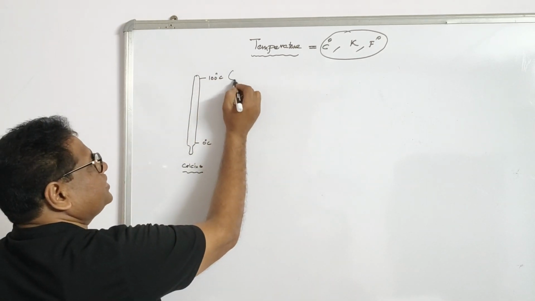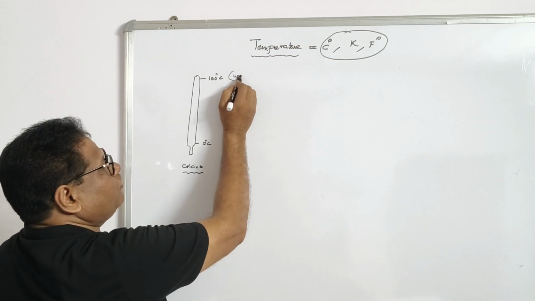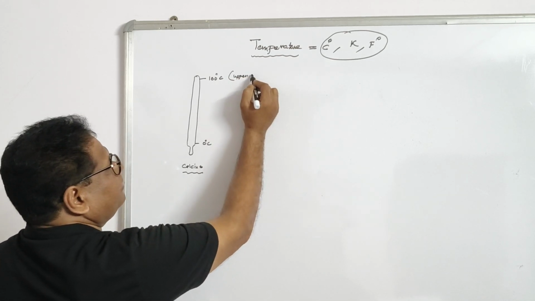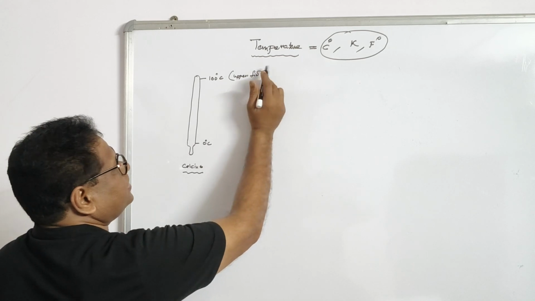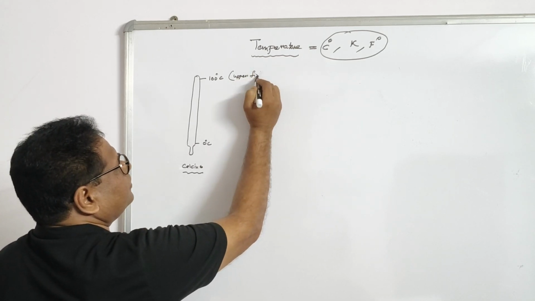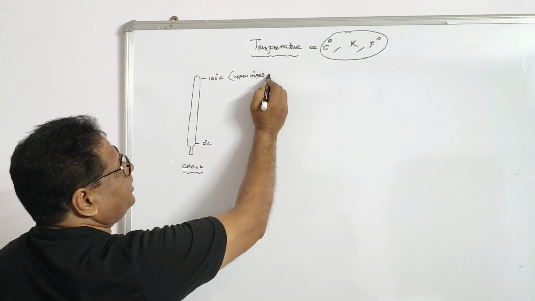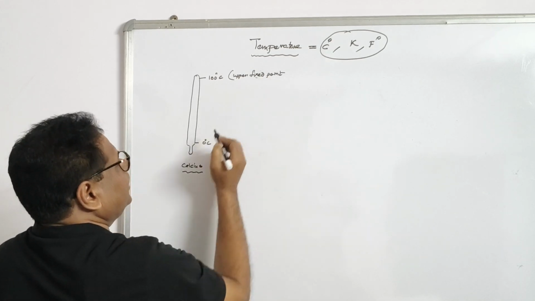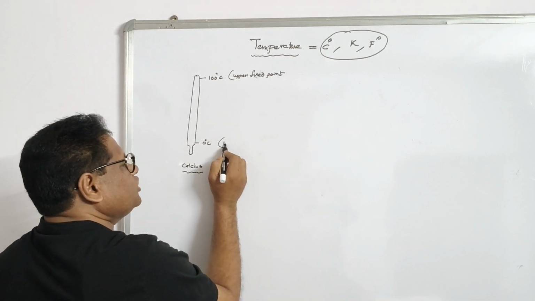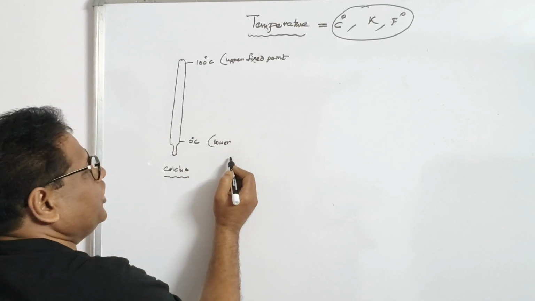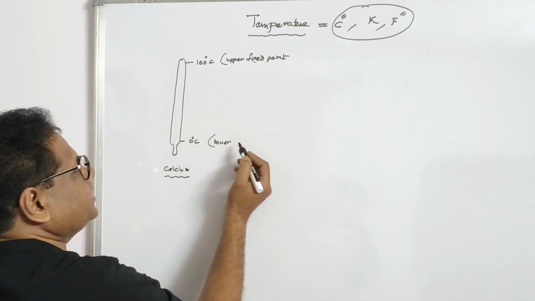Upper fixed point means this is the boiling point of pure water. Then we have the lower fixed point, that is the freezing point of pure water, which is of course 0 degrees Celsius.